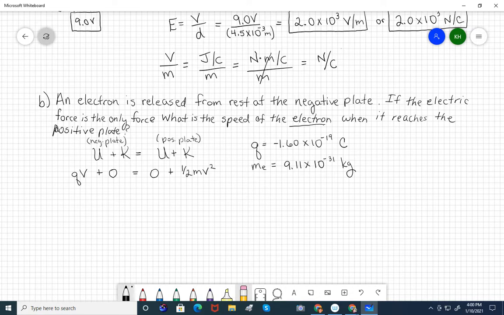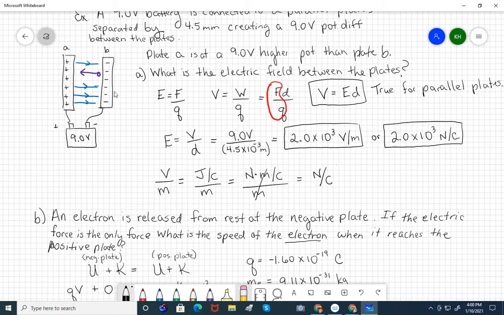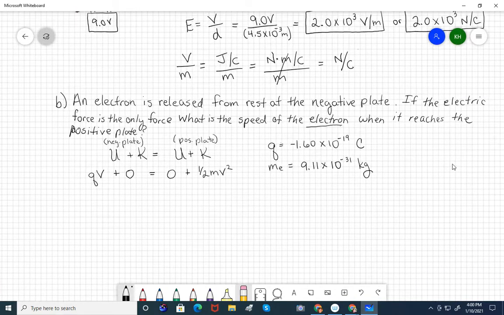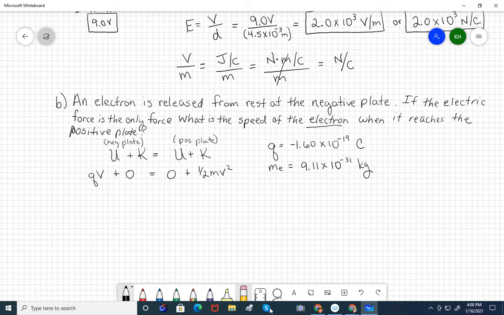If we think in terms of change in potential, when an electron starts at plate B, it's at 0 potential, and its potential increases 9 volts by the time it reaches plate A. So we've got negative 1.60 times 10 to the negative 19, and our voltage difference is 9 volts.